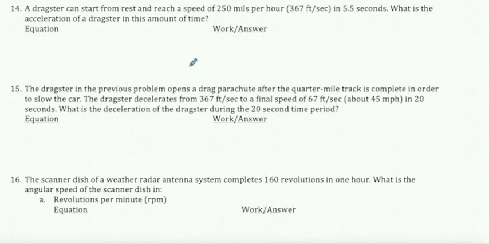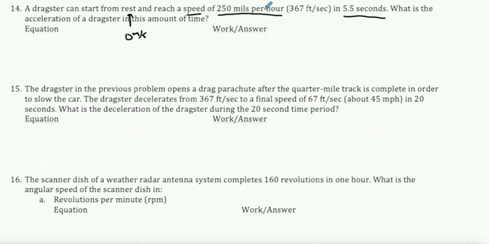So for number 14, we're looking at a car. So a dragster can start from rest. That's an important word. That's 0 meters per second. So maybe underline whenever you see rest or stop. And reach a speed of 250 miles per hour, which is 367 feet per second, in 5.5 seconds. What's the acceleration of the dragster in this amount of time?